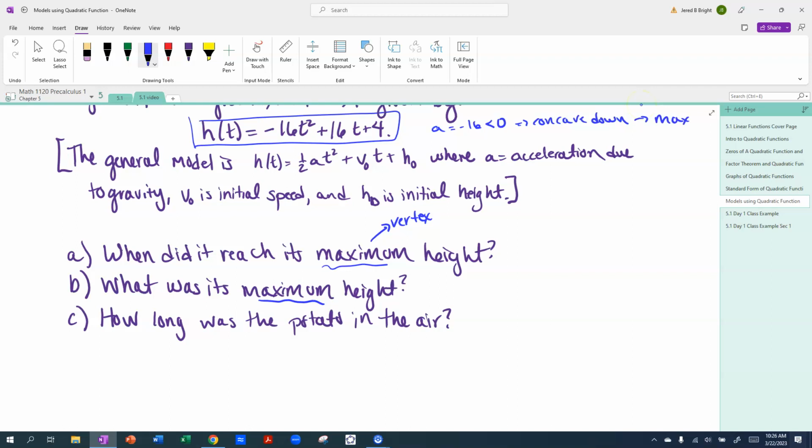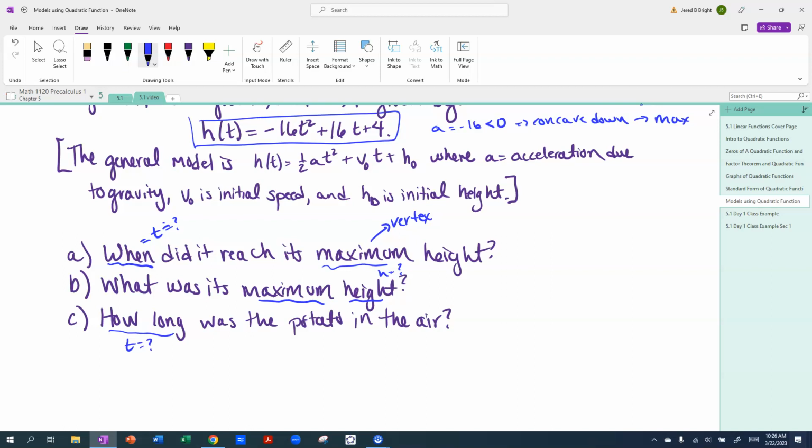So this is lining up with the theory at least. So when, this is a time value. I want to know the time value. What was its maximum height? This is an h value. I want to know that. And then how long, this again is a time value, was the potato in the air? So we have to find a time, a height, and another time.